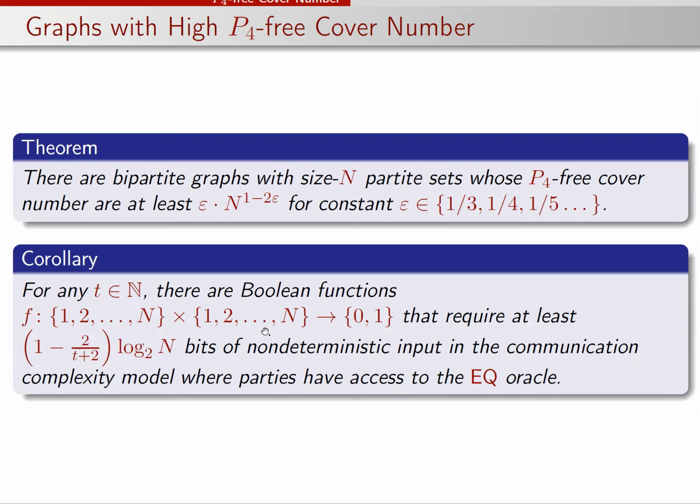And as a corollary, for any positive integer t, there are Boolean functions that require at least 1 minus 2 divided by t plus 2 log capital N bits of non-deterministic input in the communication complexity model, where the parties have access to the equality oracle.